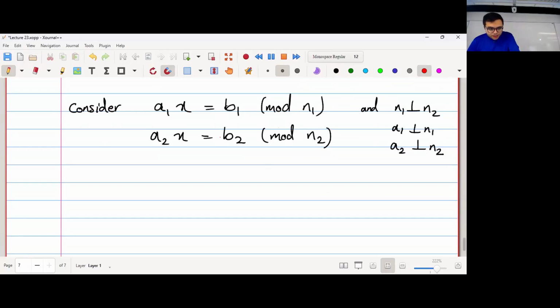Okay, so let's try this. Let's say A1x is equal to B1 modulo N1. Okay, what does that mean? That means that N1 times some number, let's call it K1, is A1x minus B1.